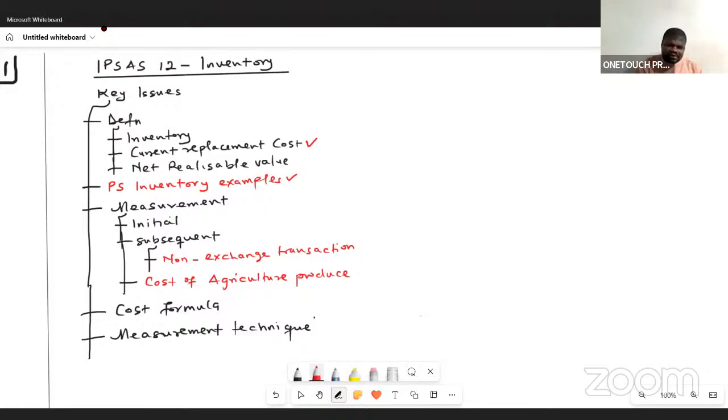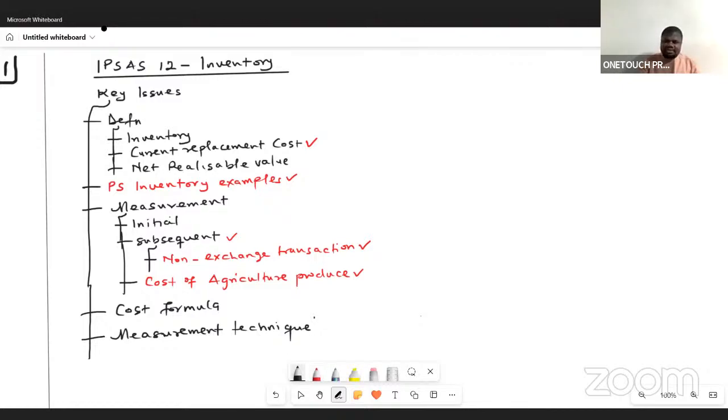The subsequent measurements will also differ a little. The non-exchange is also a new thing. Agricultural produce is not that new, it's similar to what we have under IAS 41 Agriculture. The cost formula and the measurement technique are the same. So as far as IPSAS is concerned, there are key differences between IPSAS 12 and IAS 2, so we need to look at such a standard.